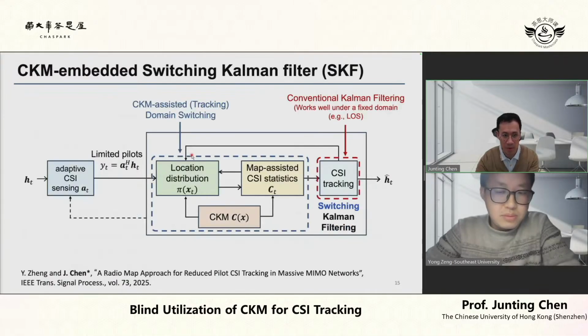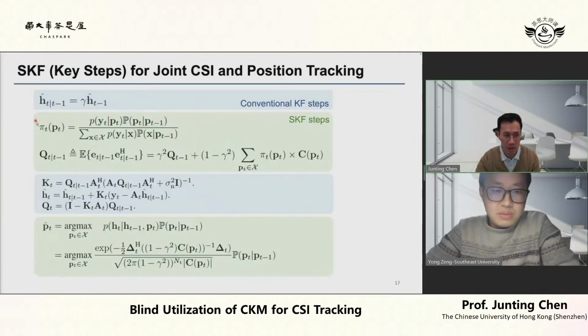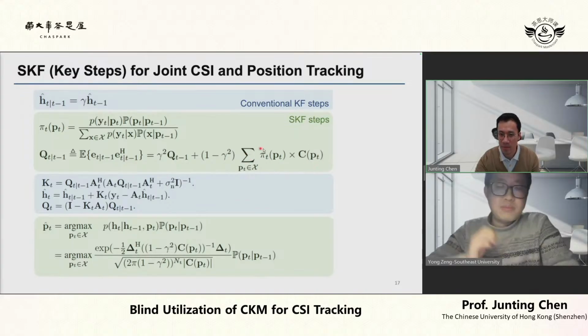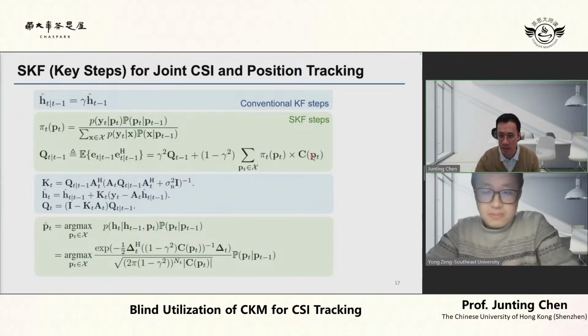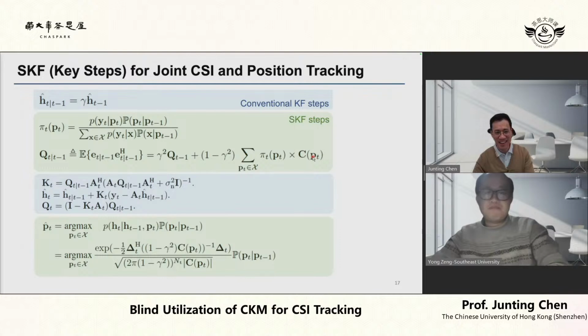To estimate this term, we only need to introduce the green part, where we maintain an iterative formula for the distribution of the position and an update formula for the covariance matrix of the error of the estimator, which depends on the location-dependent covariance information given by the CKM. Hope I make this clearer.